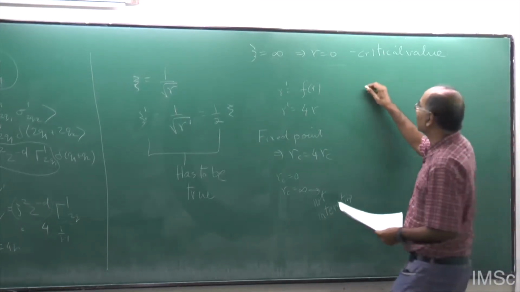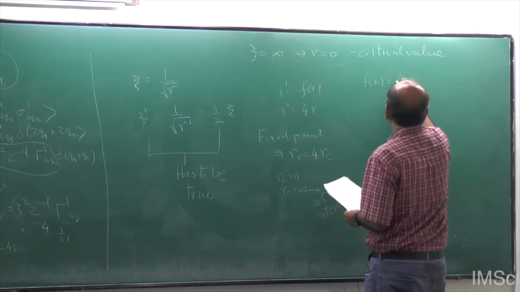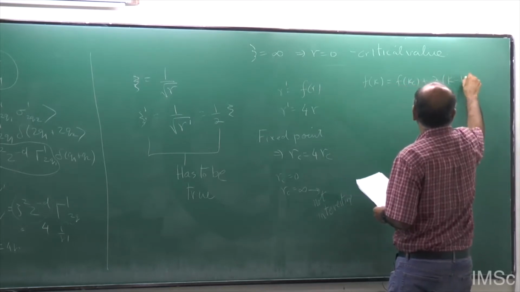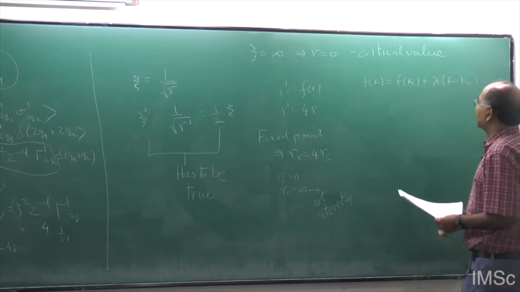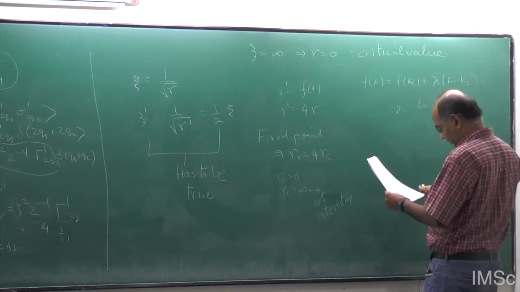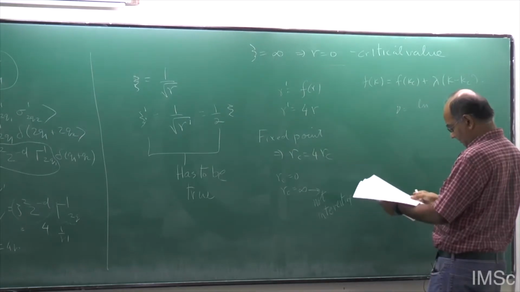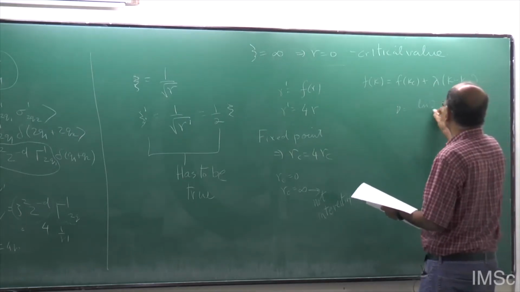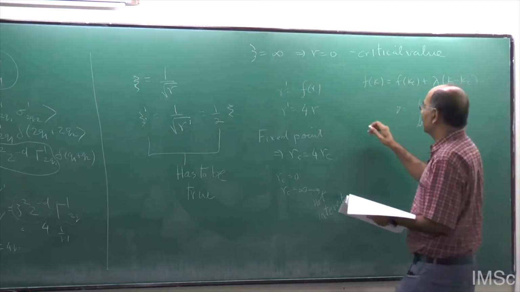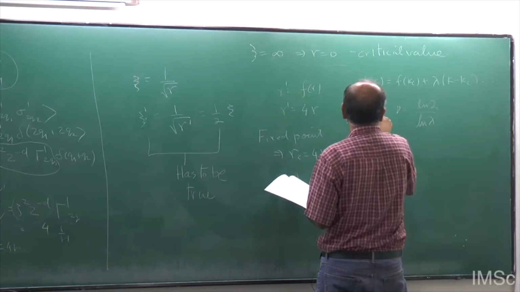Remember we had a formula that said if Fk is Fkc plus lambda times k minus kc, we had a Taylor expansion. Then the critical exponent nu was log 2 by log lambda, where this is the behavior of C as k minus kc.